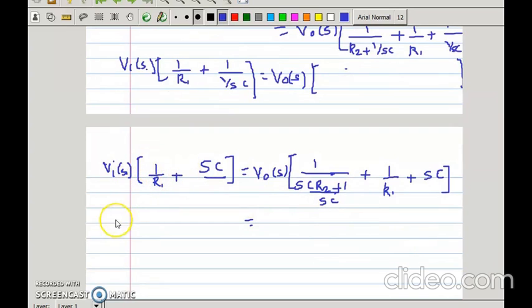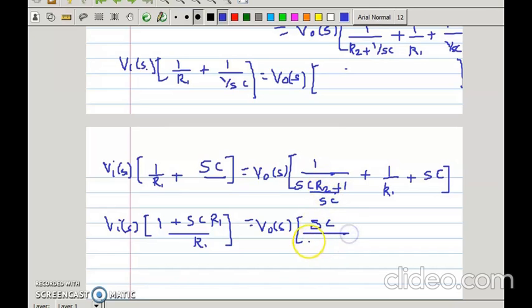Then we take cross multiplication here, so it becomes 1 plus SC R1 divided by R1. Now for V(S), division of division means SC divided by SC R2 plus 1, plus 1/R1 plus SC. Now we are taking Vo upon Vi.